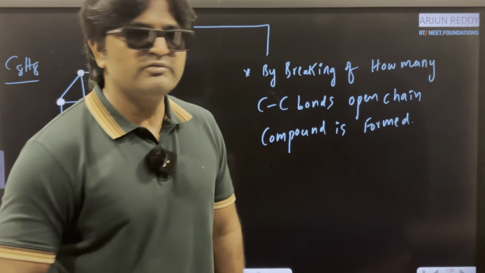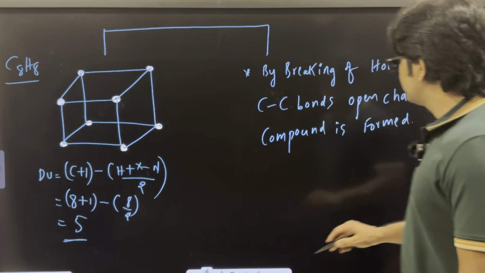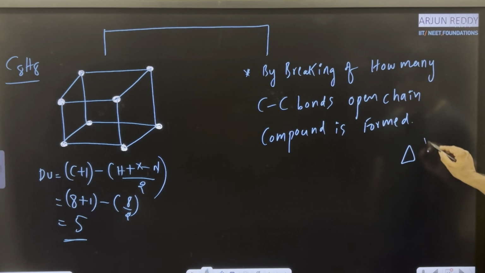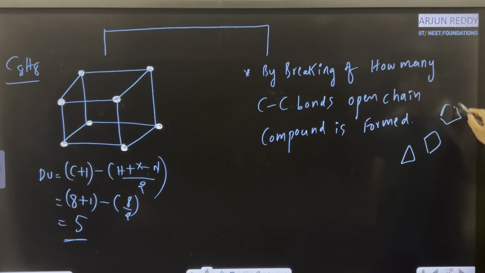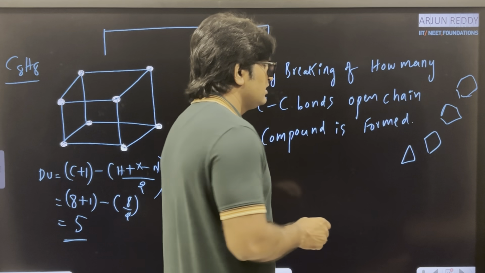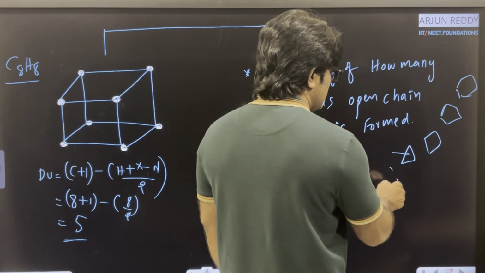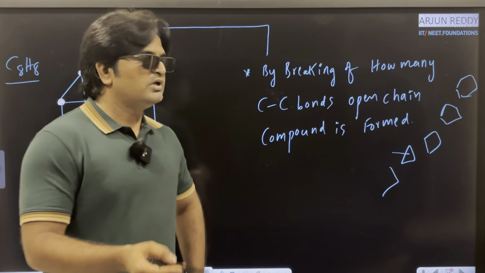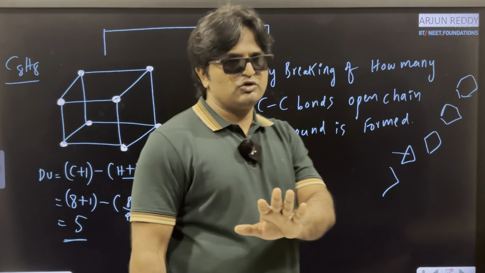This type of question is also very important. For example, if simple cyclopropane, cyclobutane, cyclopentane and cyclohexane are given, very simple examples, just by breaking one C-C bond, what do we get? An open chain compound. If a simple example is given, there is no problem.